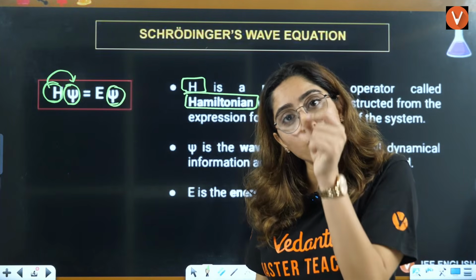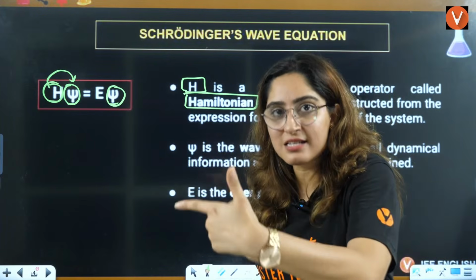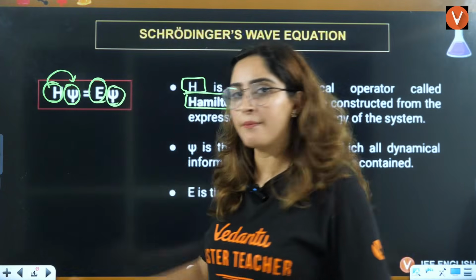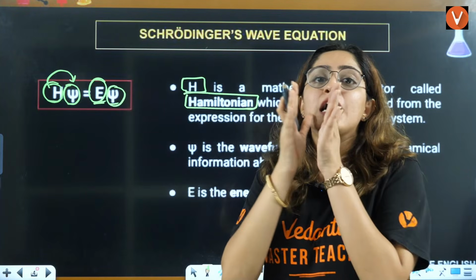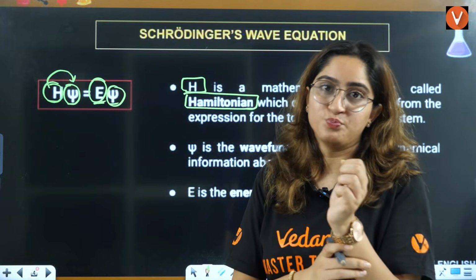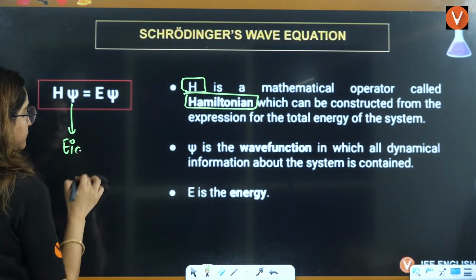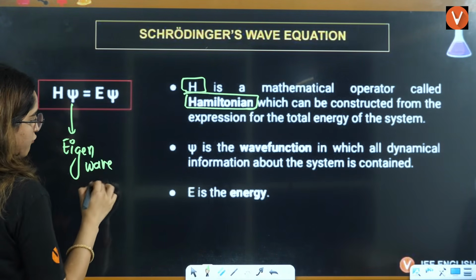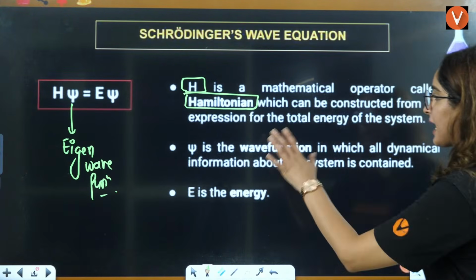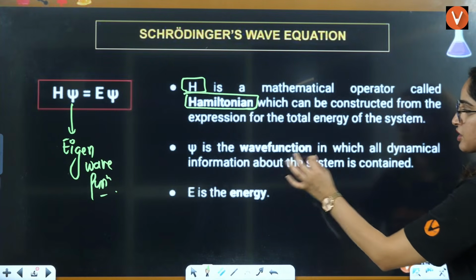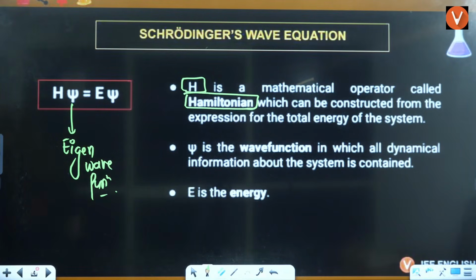Because whenever Hamiltonian operator is applied on the wave function, the wave function is getting back as it is, and the value that is coming apart from this wave function, that is your energy, that is your eigenvalue. So we can say that this is an eigenfunction, eigen wave function. That's why we are saying psi is the wave function in which all dynamical information about the system is contained, right? Tell me guys if that is clear or not.